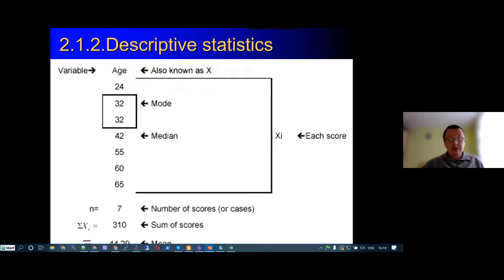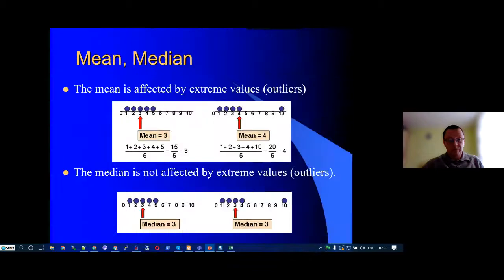Here are also given the sum and the average when we divide the sum by the number of scores. And the median is like the middle point of our data set, where half of the scores are above and half below it. And the mode is the value in our data set which is repeated most often.